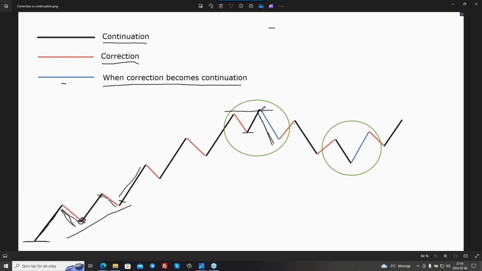So now when correction becomes continuation, now you are looking for this correction. And then we are getting a continuation, and then we have a correction, continuation. And this could be, just for example, let's just say that you're a day trader.